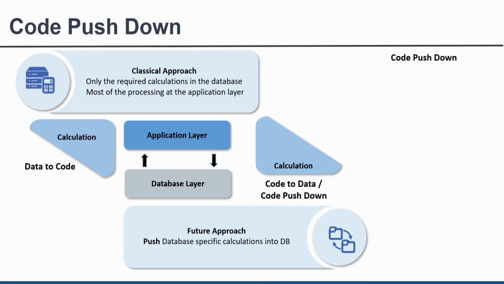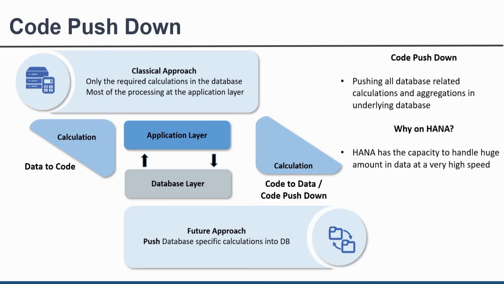So you need to first understand what is code push down very clearly. Code push down is nothing but pushing all database related calculations and aggregations into the database. And why you do it on top of HANA? Because HANA has the capacity to handle huge amount of data with a very high speed.